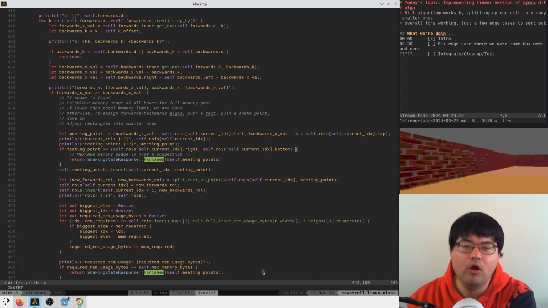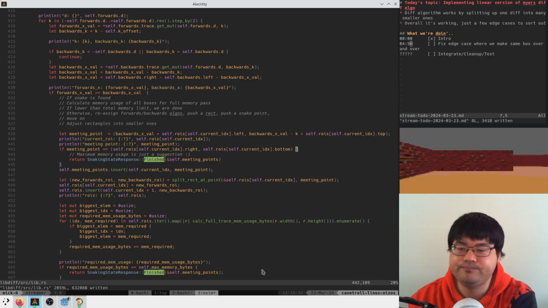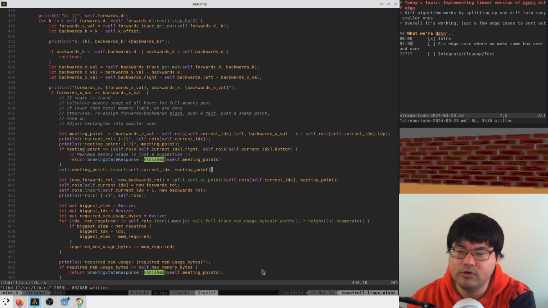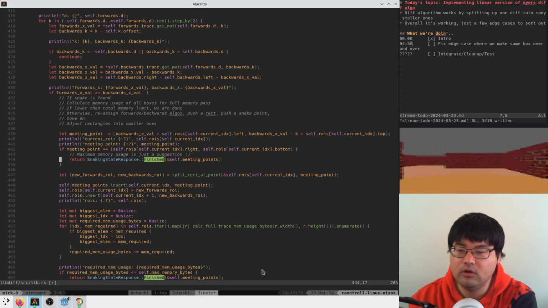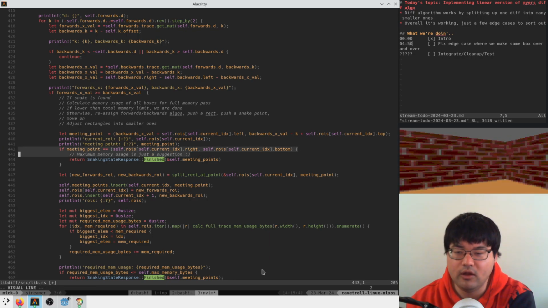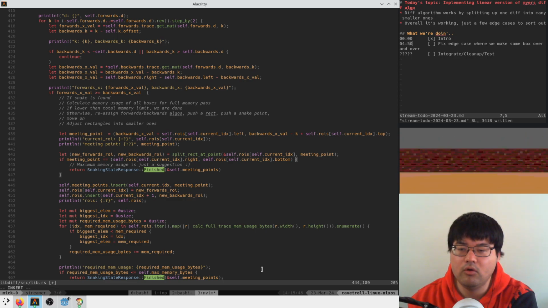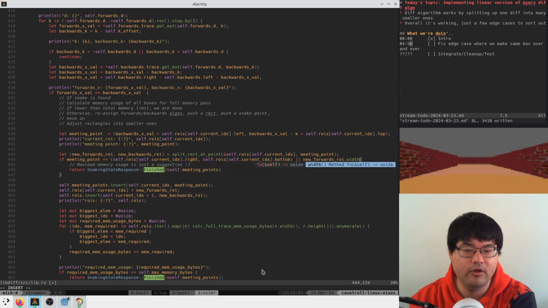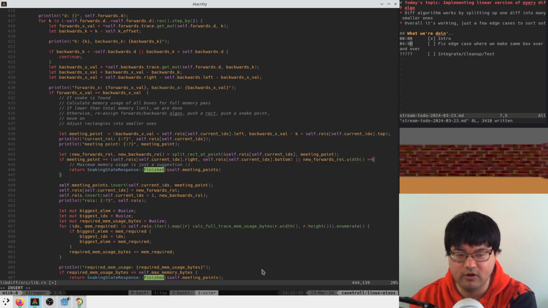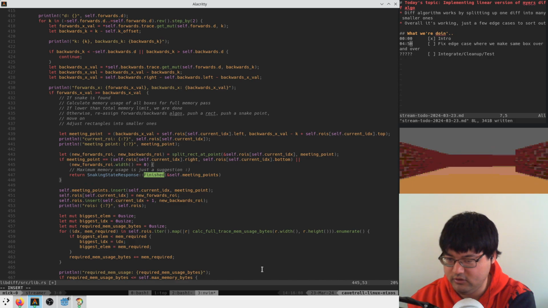So we kind of want to do something like, if the meeting point is this, or the new forwards ROI width is equal to 0, and its height is equal to 0.